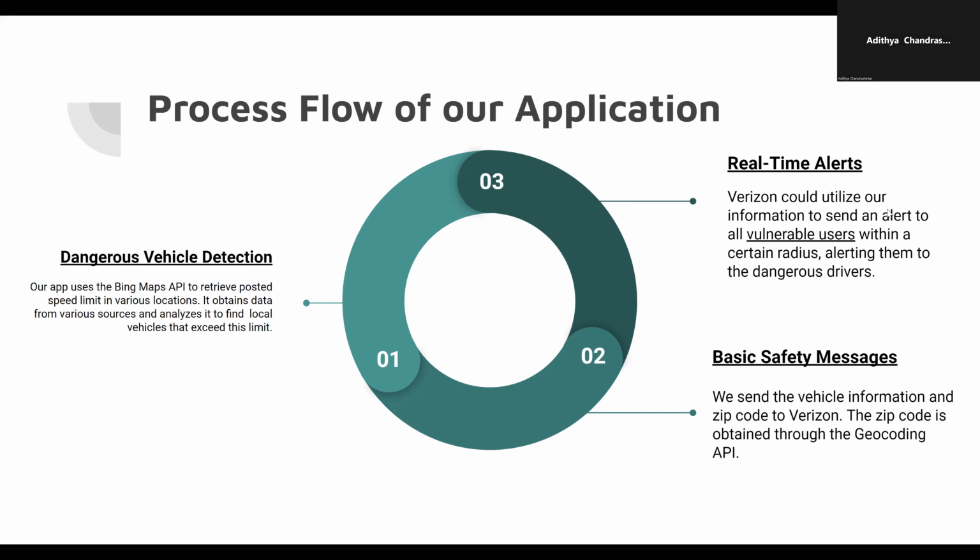If the vehicle is going over the speed limit or other traffic violations have been broken through different validations, then we're going to send real-time alerts. Essentially, what happens is we're going to send the VSM data to Verizon, and Verizon will then take that and alert all individuals within that given radius.